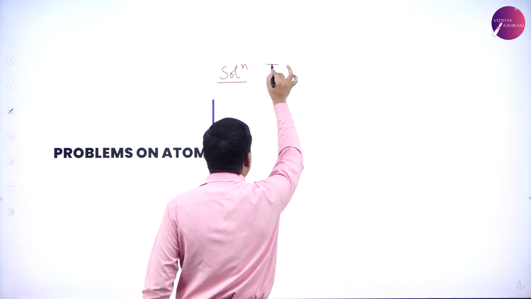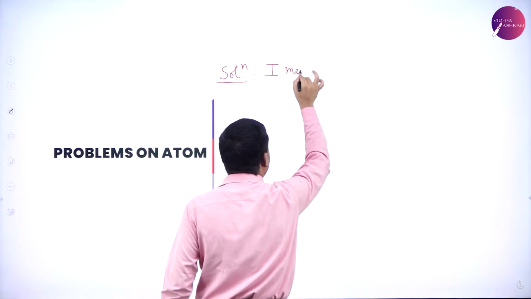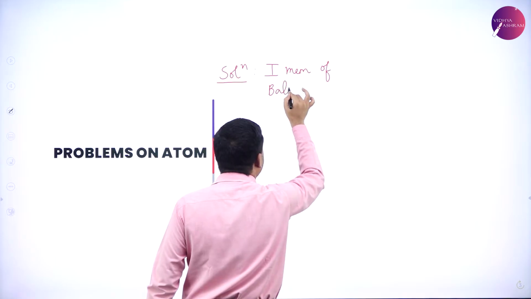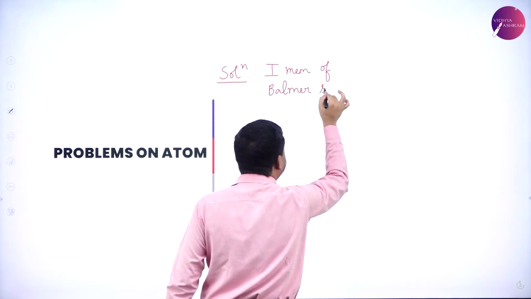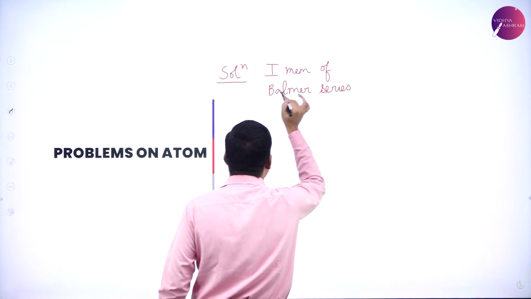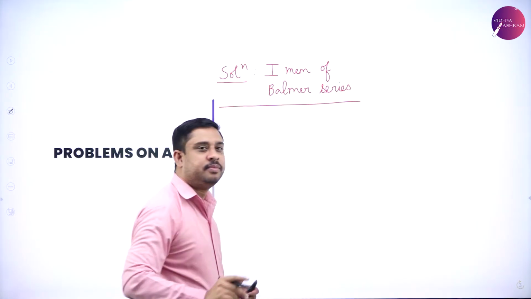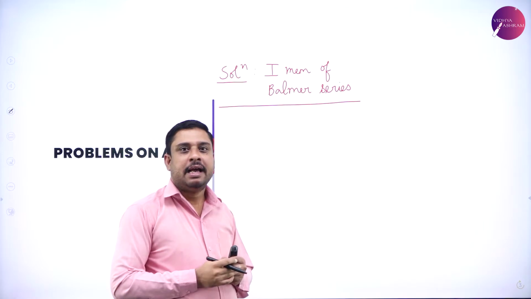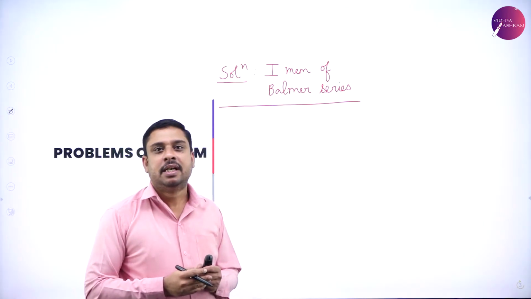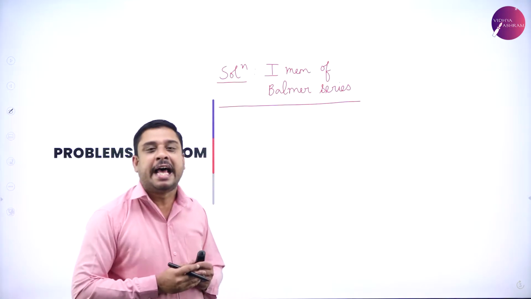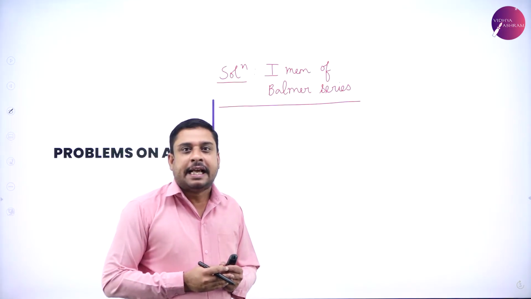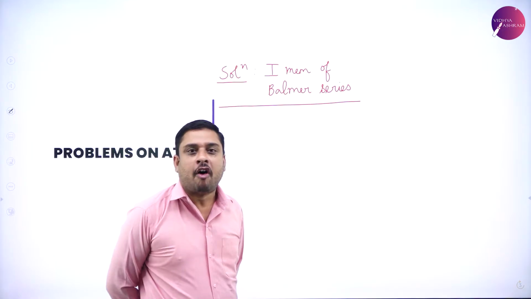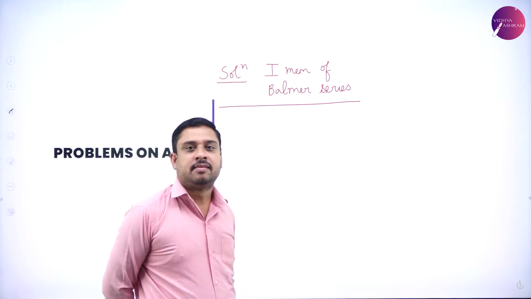Now, first member of Balmer series. So as I told, the solution here lies in identifying the principal values, the N1 and N2 values of the given series.